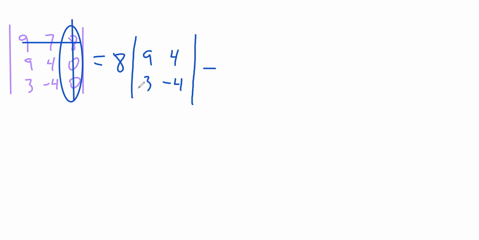Then it's minus, always minus on the second one. And now I delete the row and column that this 0 is in. This 0 is the operating thing. So it's 0 times the determinant of the leftover business, 9, 7, 3, negative 4.